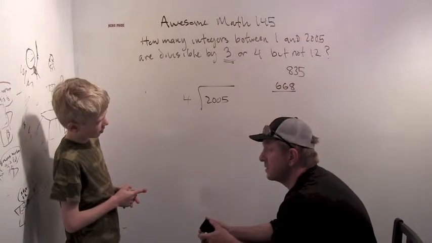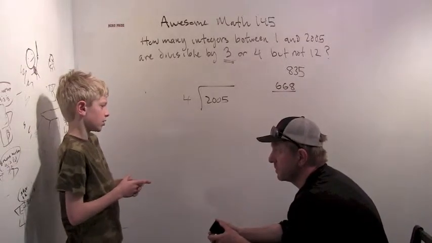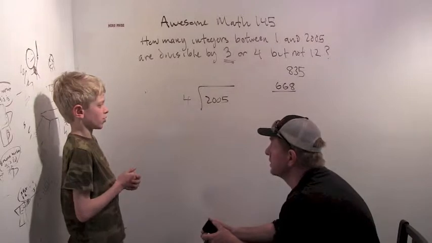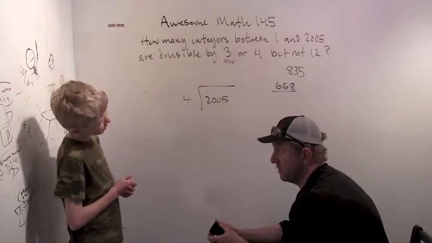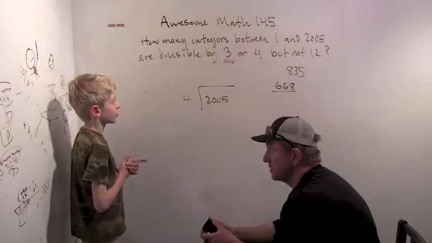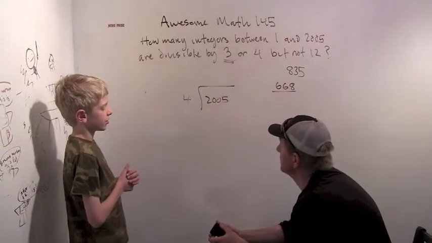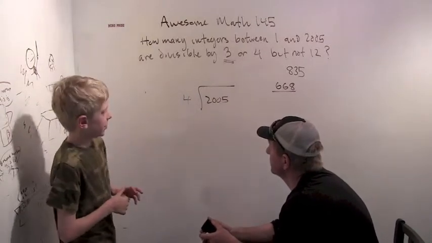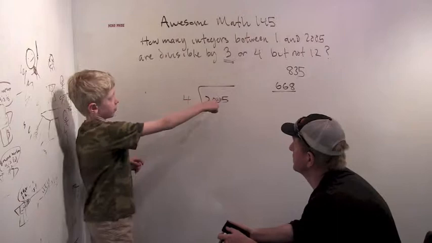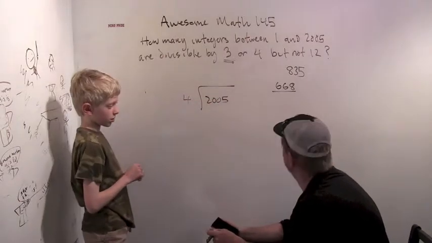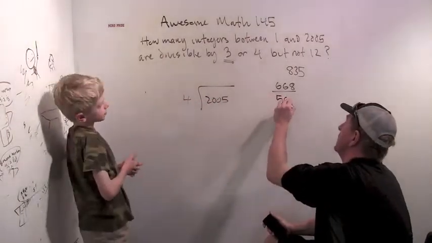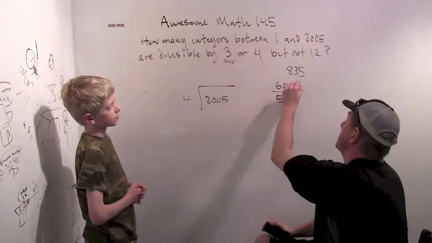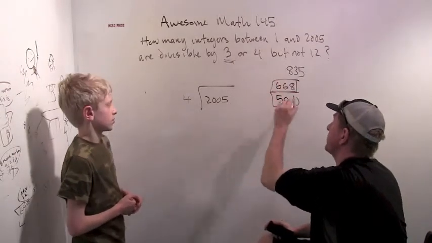So that means 500 times 4 is 2000. Sounds right. So then it's 500 plus 1, 501. So we got 668 multiples of 3, and 501 multiples of 4.